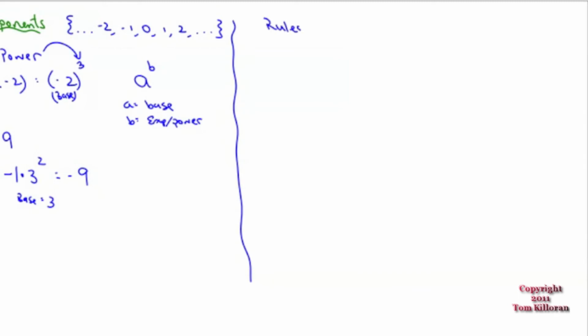Rules of exponents. By the way, these rules work for any type of exponent, not just integer, but we're just going to base them off of the integer values. So rule number 1, if you have a to the m times a to the n. Now, this is written in mathematical jargon right now, so let me read it in English.